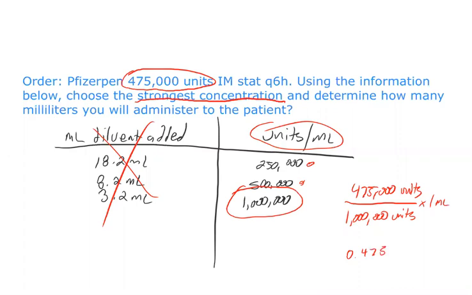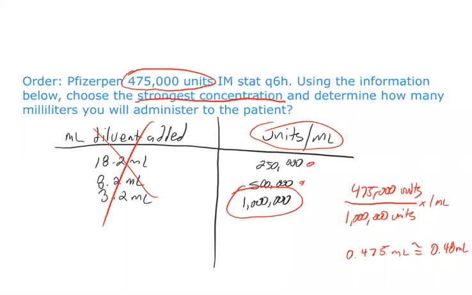0.475 milliliters. And then I'm seeing some of you did the right thing and you rounded that to the nearest hundredth. Again, you're going to round on the test. On the test, your rule is to round to the nearest hundredth if it's a number less than 1, okay? On ATI, if it told you to round that number to the nearest tenth, then you just round that to 0.5.